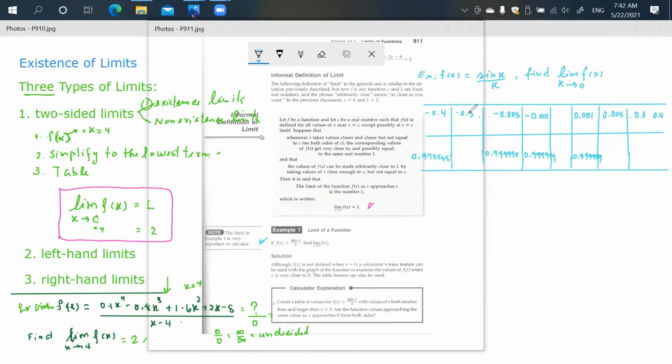So again, we use the 3 steps, right? How to find the value of the limit of a function. The first one is what? Replace x in the formula, in the function. So the first step, because x approaches 0, correct?